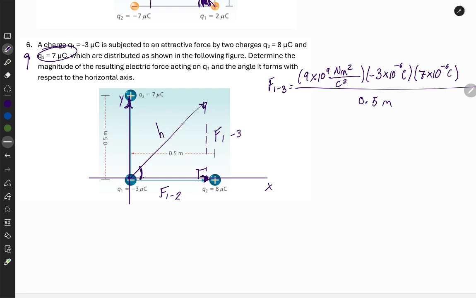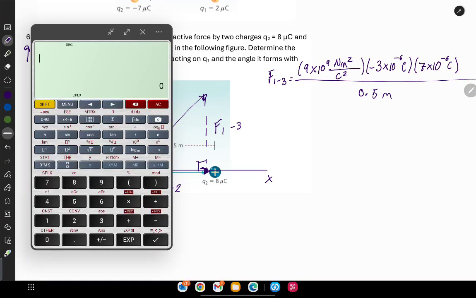meters squared. You can use your calculator in this case: 9 times 10 to the 9, times minus 3 times 10 to the minus 6, times 7 times 10 to the minus 6, all divided by 0.5 squared.